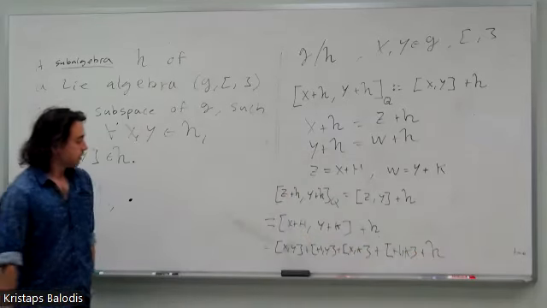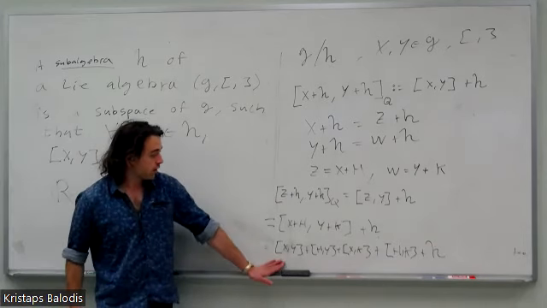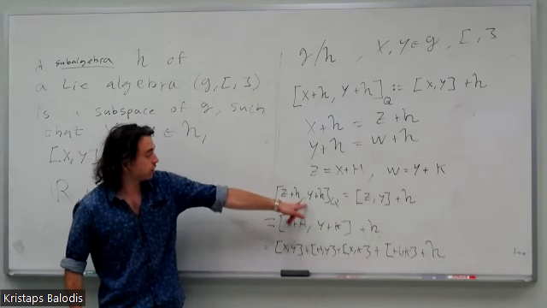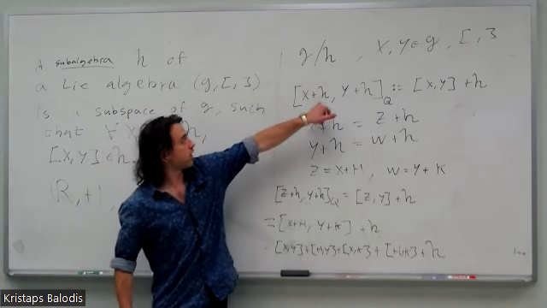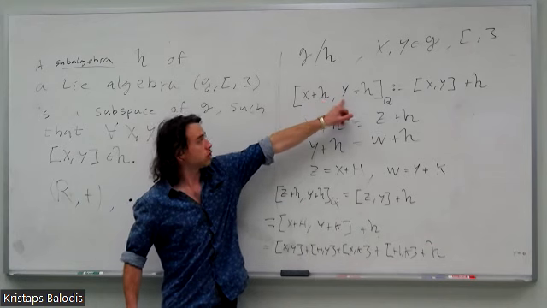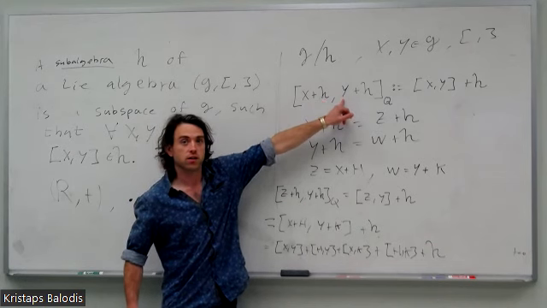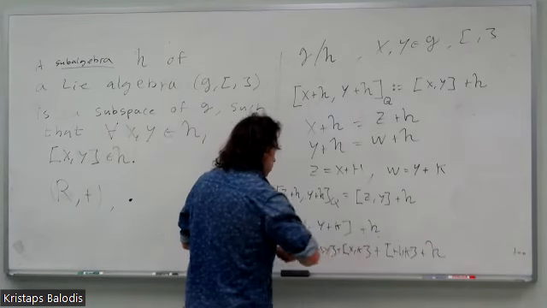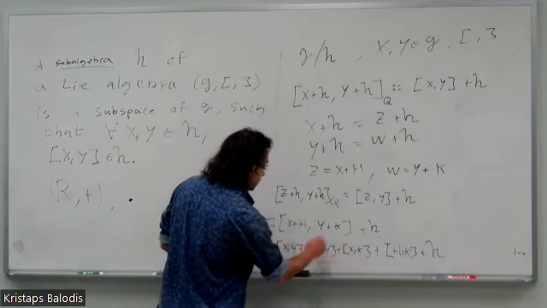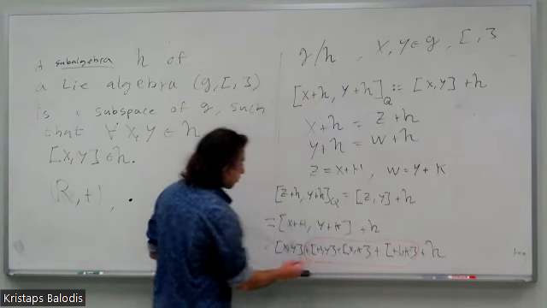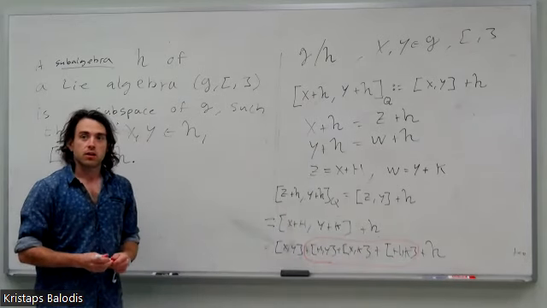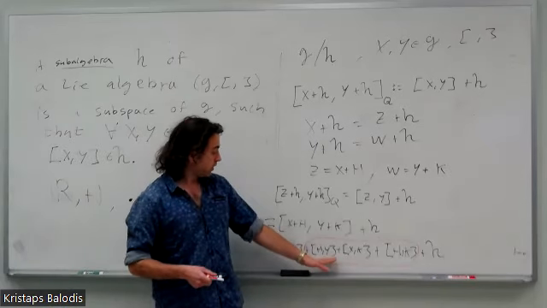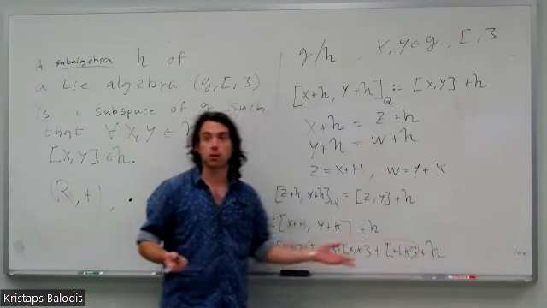Right. And remember, we want this to be equal to the bracket of x plus h and y plus h, right? Now that would be true if... What could we do to force it to be true? Well, notice that these three terms are getting in our way. If these three terms belong to this coset, we would be done, right?